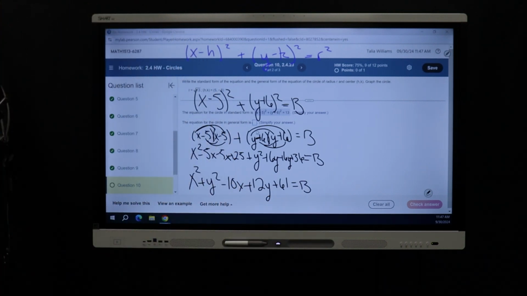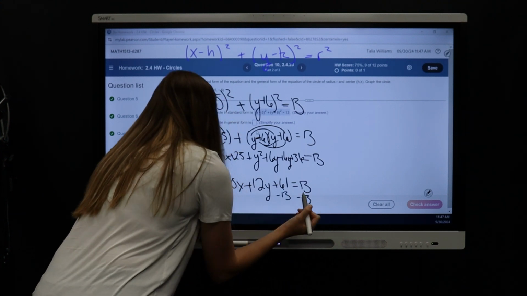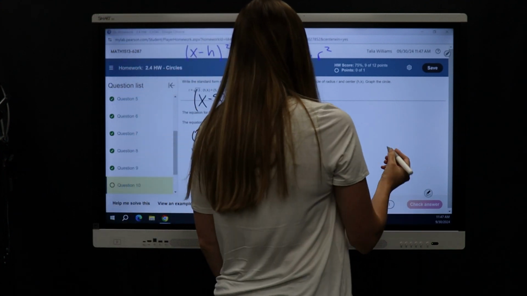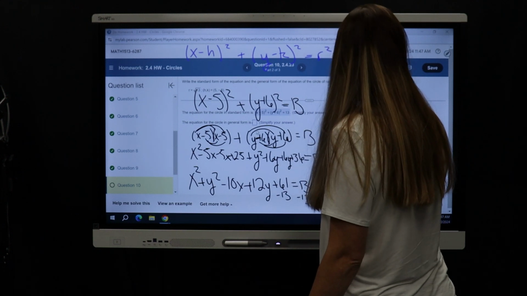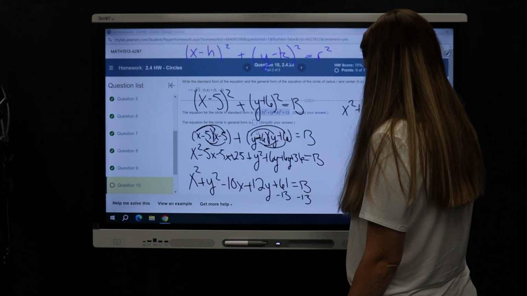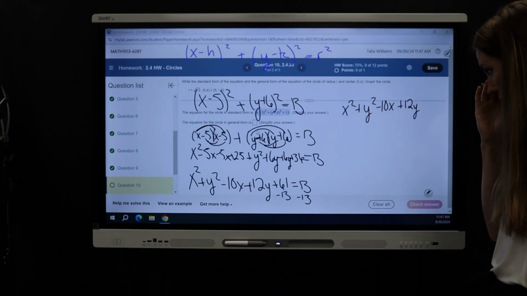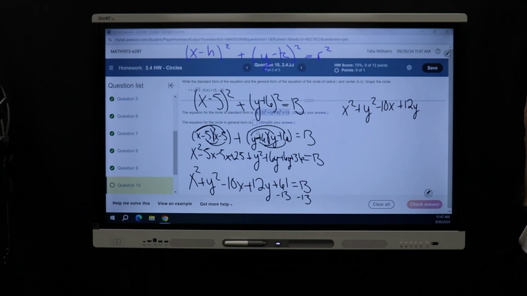General form has to equal 0, so we're going to subtract our 13 from our 61. So we're going to end up with x squared plus y squared minus 10x plus 12y. If I subtracted just 10, I'd have 51.